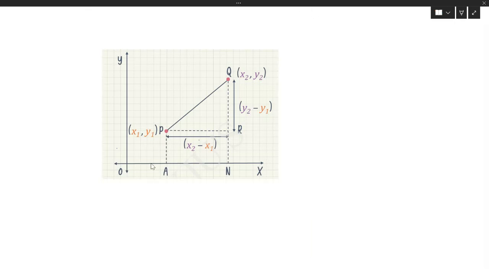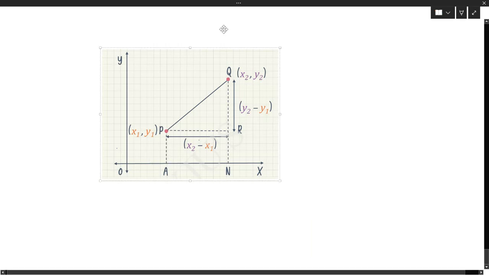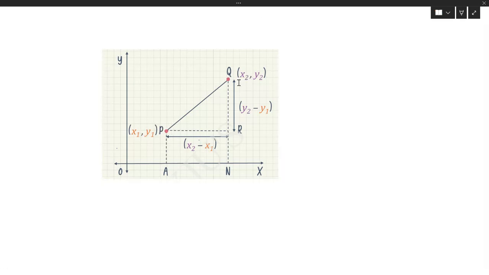So first of all, what we will do now, we will find out the coordinates of point P. What are the coordinates of point P and what are the coordinates of point Q? Then we can use the Pythagoras theorem to find it out. And when we use the Pythagoras theorem, we come to a conclusion for the distance formula.